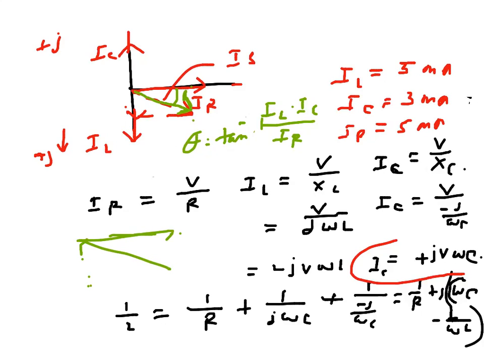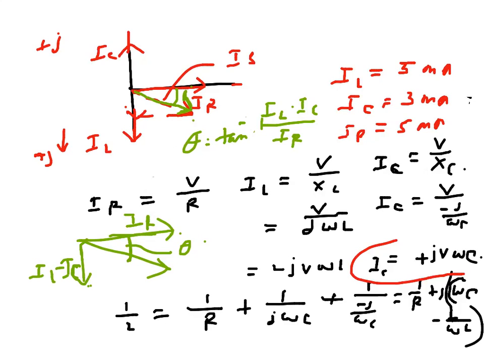This part will be IR, and since IL is bigger than IC, this is IL minus IC, and this is the resultant. So of course this angle will be tan inverse of (IL minus IC) over IR. And we notice that this is exactly similar to the power factor angle, this is theta.